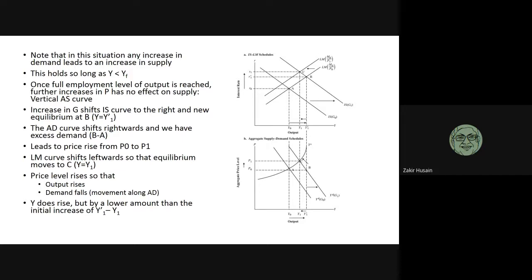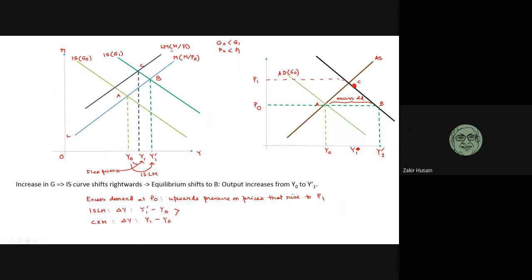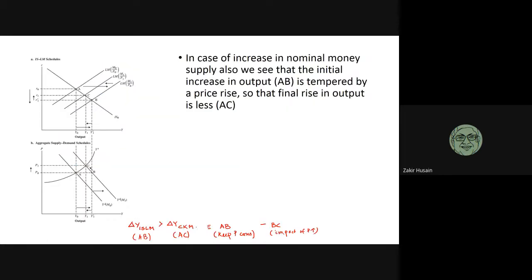As you have seen over here, an increase in G will lead to an increase in output, but the output will be less than in the ISLM model. Here also you can see that if there's an increase in money supply, then output will go up, but the increase in output will be less than in the Keynesian case.